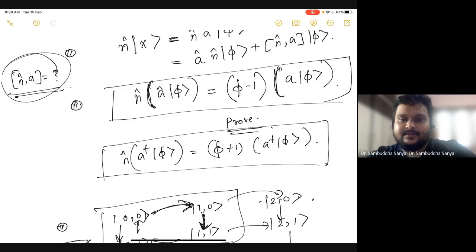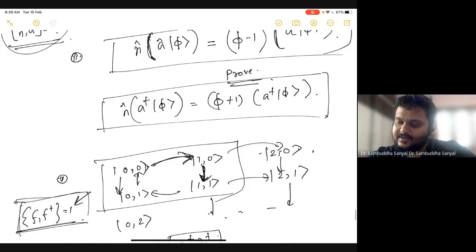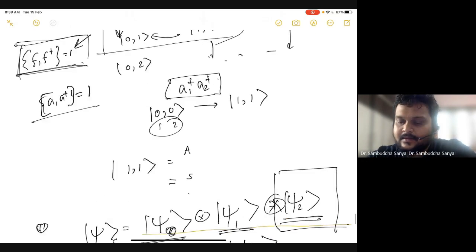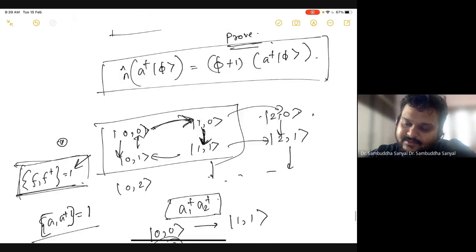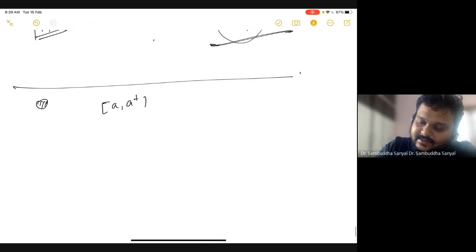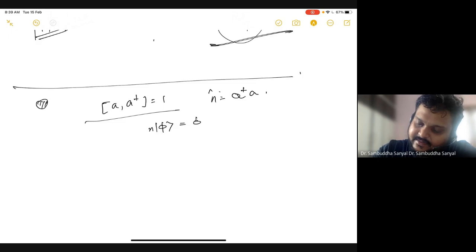Now we want to say what else we can say about these operators. Everything was fine up to this, I assume. So now let's move on to study further the properties. The main point is that the commutator of A and A dagger is equal to 1, and n is A dagger A, then n will have an eigenstate.